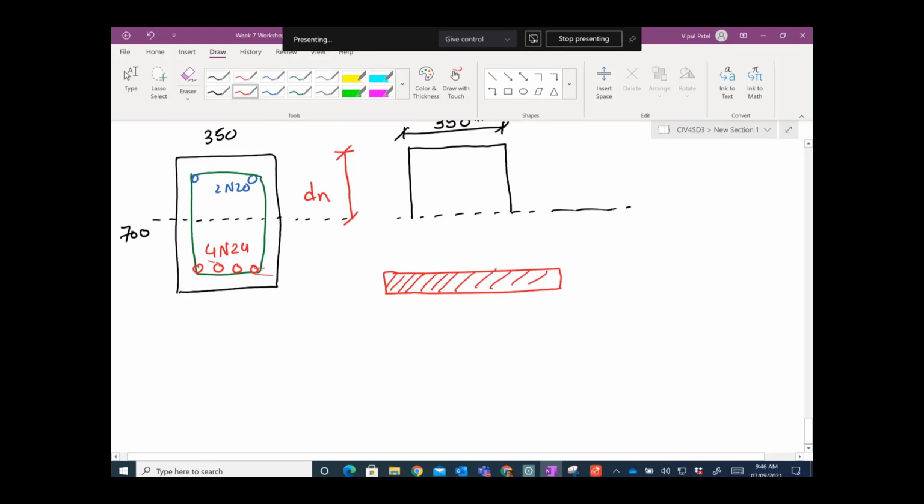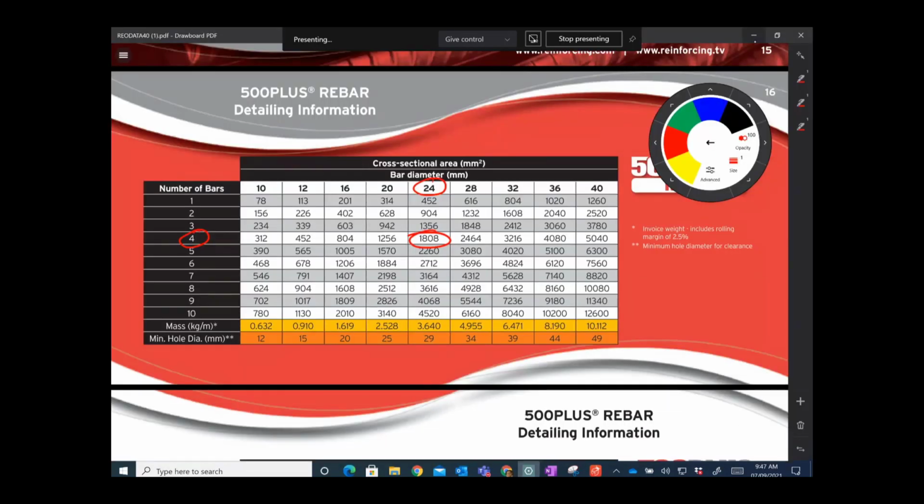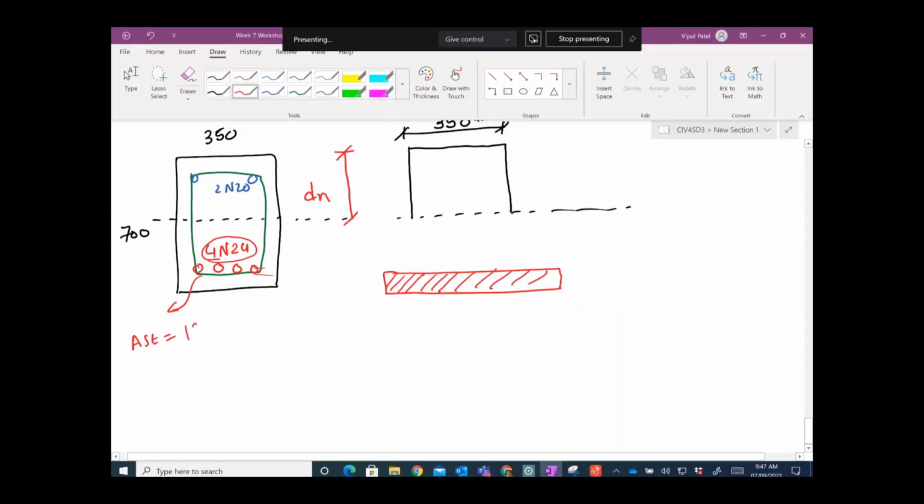This 4 and 24 bars are steel, but I'd like to convert them. What was the area again? The area of this steel, AST, was 1808 millimeter square.